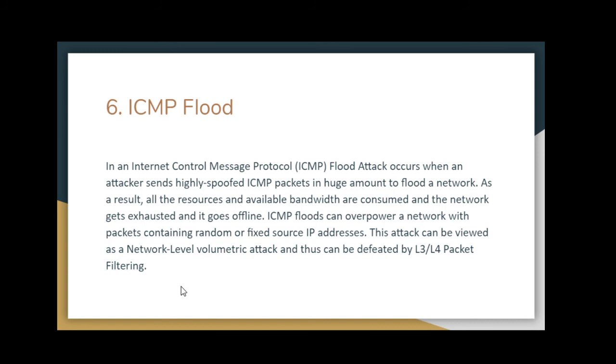An ICMP flood can overpower a network with packets containing random or fixed source IP addresses. This attack can be viewed as a network level volumetric attack and thus can be defeated by level 3 and level 4 packet filtering.